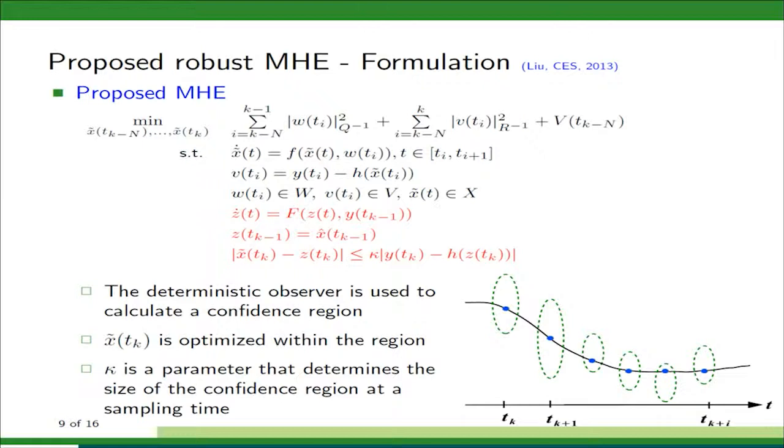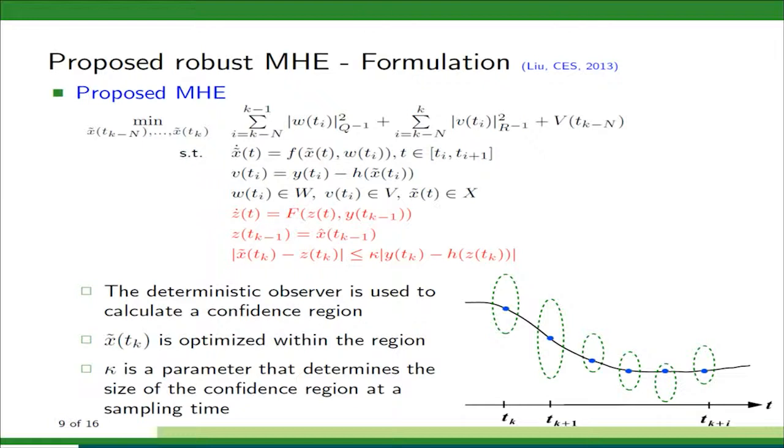In these constraints, basically we use the deterministic observer and the previous measurement to generate a state reference or estimate, and then based on this state estimate and the current measured output, we generate a confidence region for the current estimate.